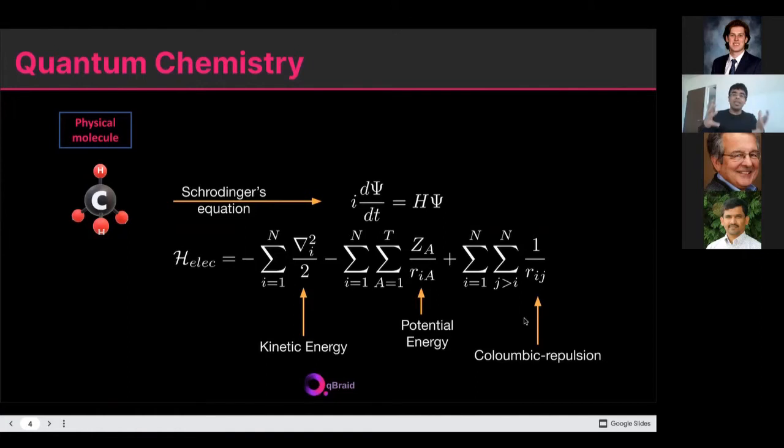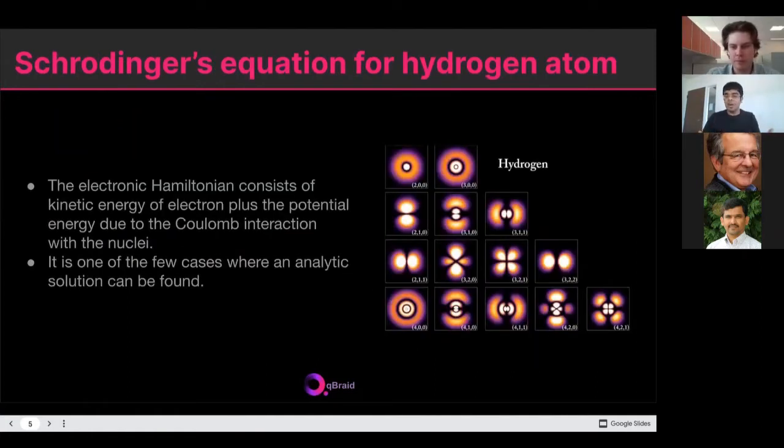Okay, so this is the equation that you want to solve in order to understand the structure of any molecule. And understandably, this is very hard. The only system for which we know how to solve it analytically is the hydrogen atom. And that was, I think, solved by Schrodinger himself.